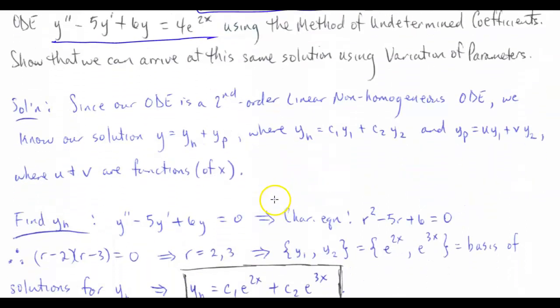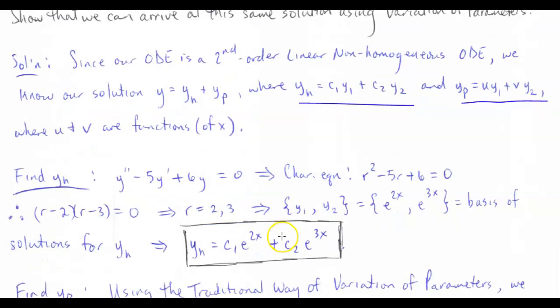We start off by knowing that since our ODE is of second order and is linear, our solution can be characterized as a homogeneous solution plus a particular one. Our homogeneous solution is going to look like this. Our particular solution is going to look like this, where the C1 and C2 are constants, but the u and v are functions of x.